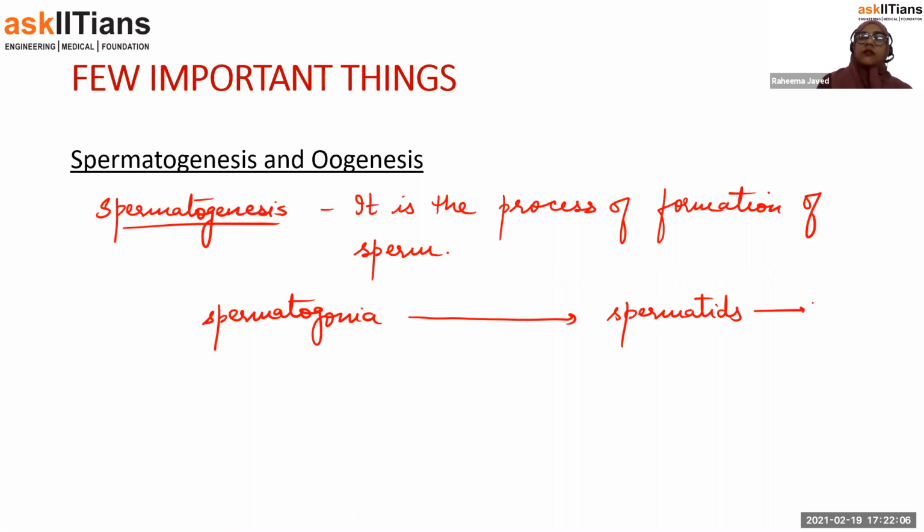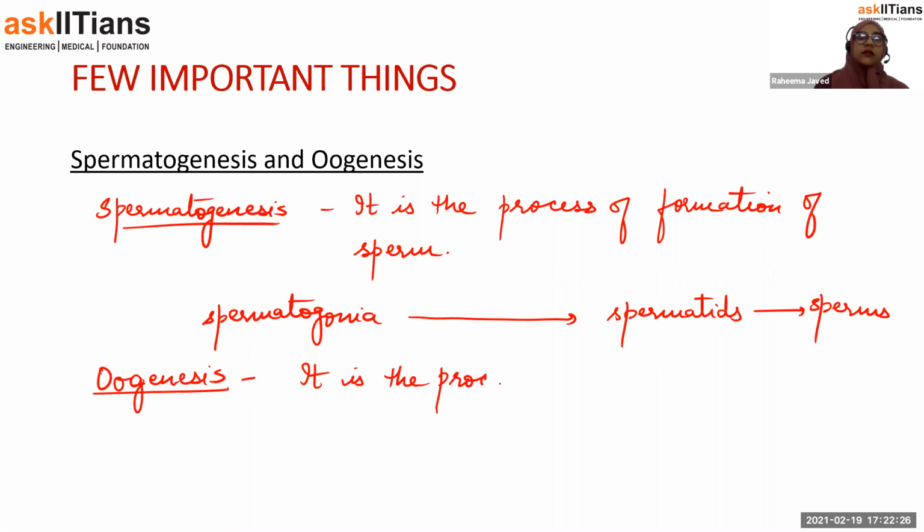Okay, and spermatids then mature into sperms. Oogenesis, on the other hand, is the process of formation of eggs, which takes place inside the ovary. Spermatogenesis takes place inside the testes.